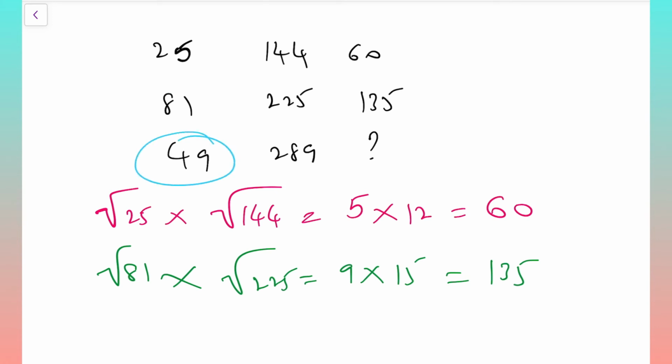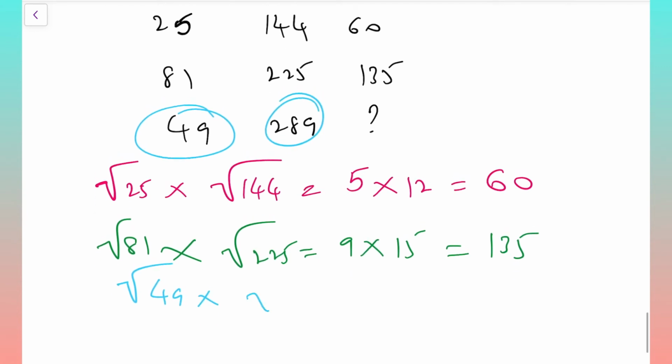Root 49 into root 289. Root 49 is nothing but 7 into root 289 is nothing but 17. So 17 into 7, that is 119. So the missing number is 119.